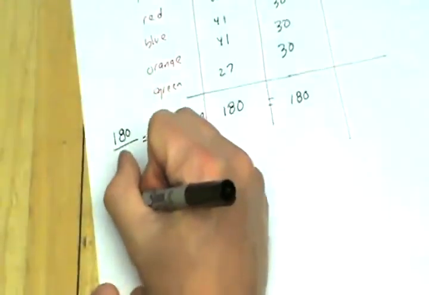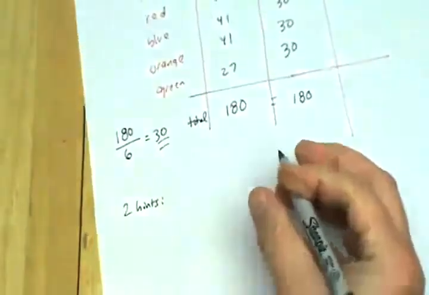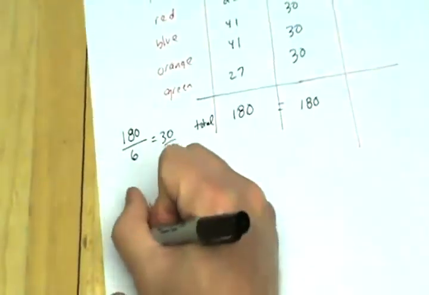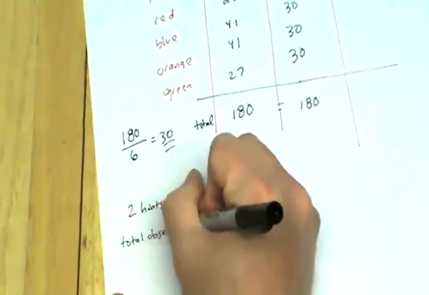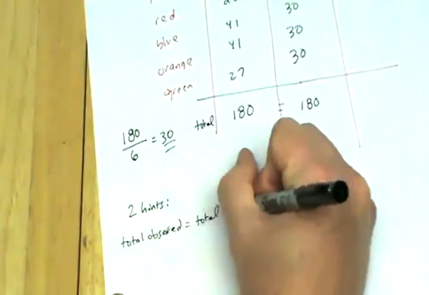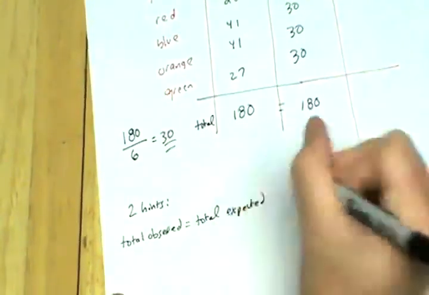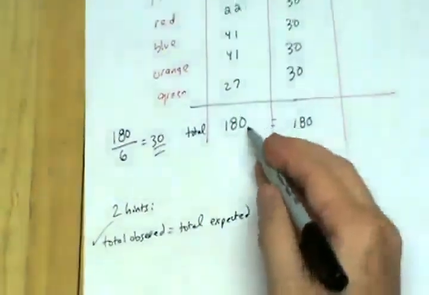Which leads me to my 2 hints to make sure you don't make a mistake in a goodness of fit test. The total observed, that should be an O, must equal the total expected. That's the first hint. So whatever your totals are, they better match.